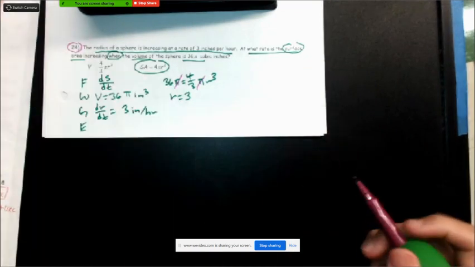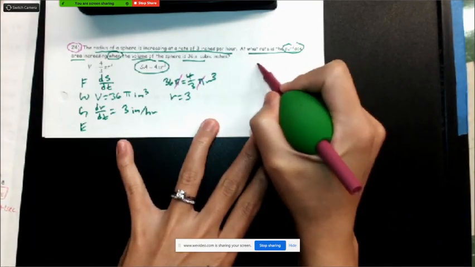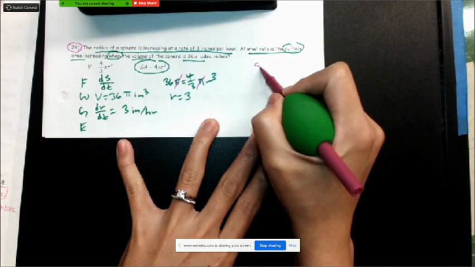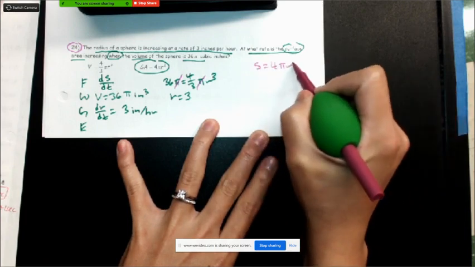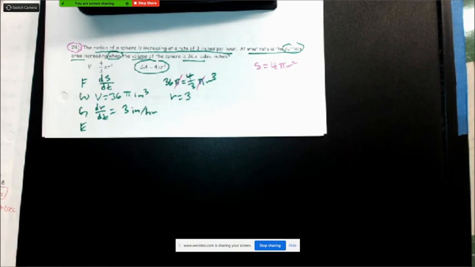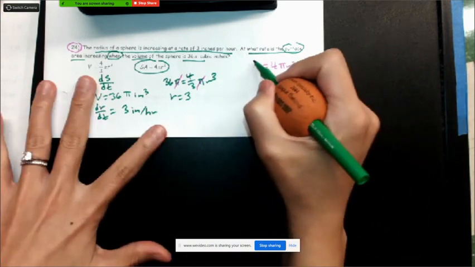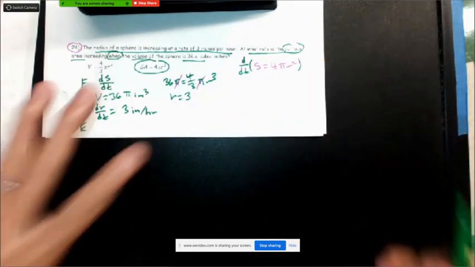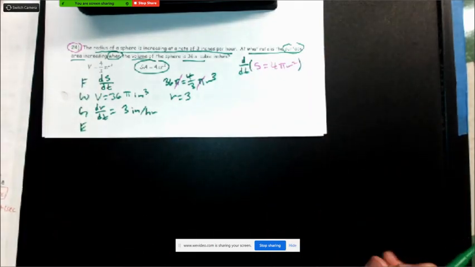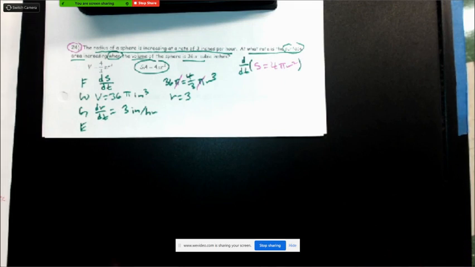So we're deriving the surface area. I'm going to write surface area as just the s, since that's what I have on the rate. S is equal to 4 pi r squared. So we are deriving this function with respect to t. So what is the derivative of s? 1.